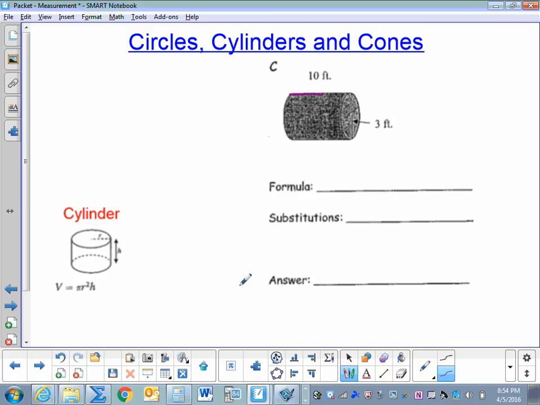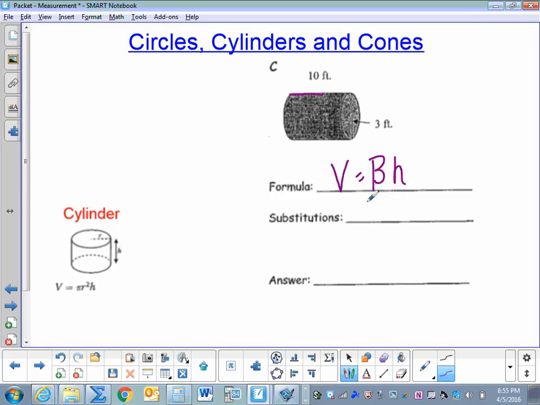So let's try problem C. Here we have a cylinder. So let's think about what we're talking about: the volume equals the area of the base times the height.